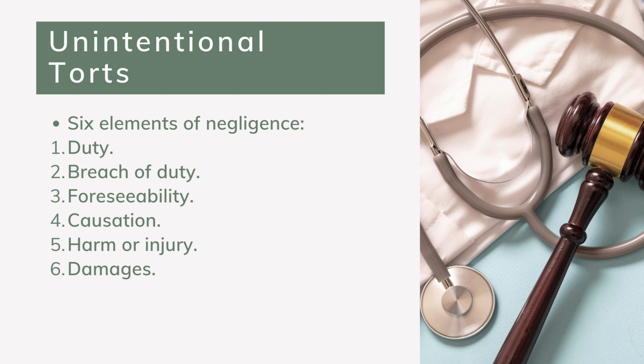Fourth, we have causation. The breach directly caused the harm. Fifth, we have injury or harm, which means the patient suffered actual damage. And sixth, damages. The harm resulted in financial or emotional loss.